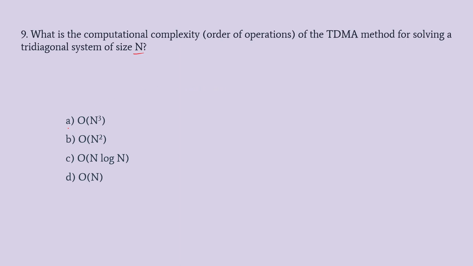Options are option A, order of n cube, option B, order of n square, option C, order of n log n, option D, order of n. So it is a slightly mathematical side of the problem. Still, you can try to answer the question. When we are using TDMA, what is the computational complexity associated with the method?